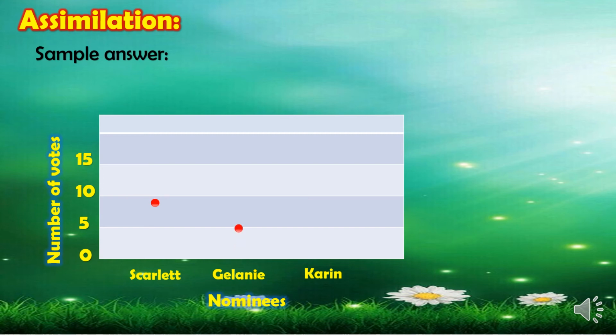For Jelani, she got 5. And for Karin, she got 14. And then let us connect by line segments. The title of this graph is the number of votes for secretary in grade 5 Aris. So that is the sample line graph.